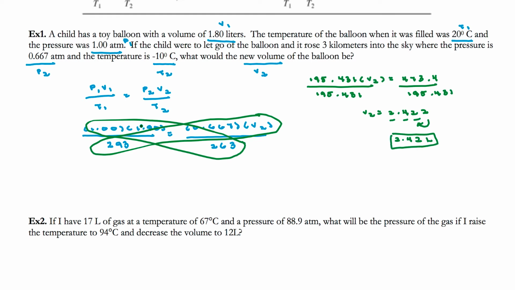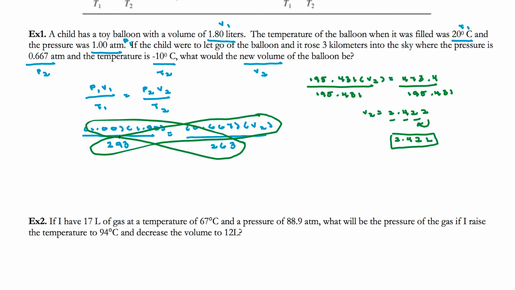So notice there are two counteracting factors when we look at what happens to the volume. When the balloon rises, its volume increases. It goes from 1.80 to 2.42. Why? Well, the pressure is decreasing, which means the volume should increase. But the temperature is decreasing, which would cause the volume of the balloon to decrease as well. Remember, pressure and volume are inversely related, but temperature and volume are directly related.